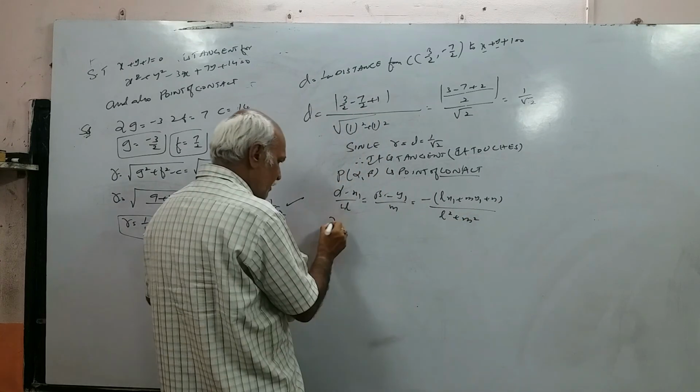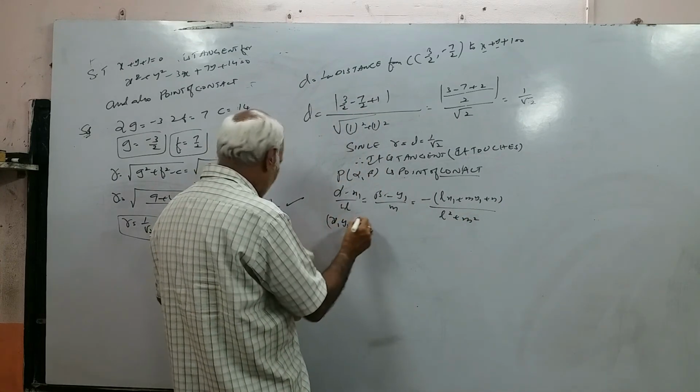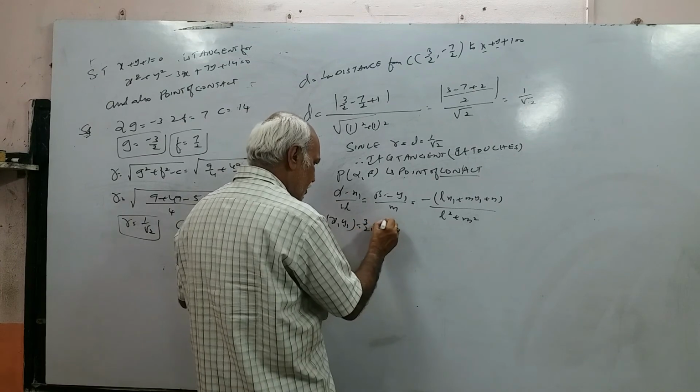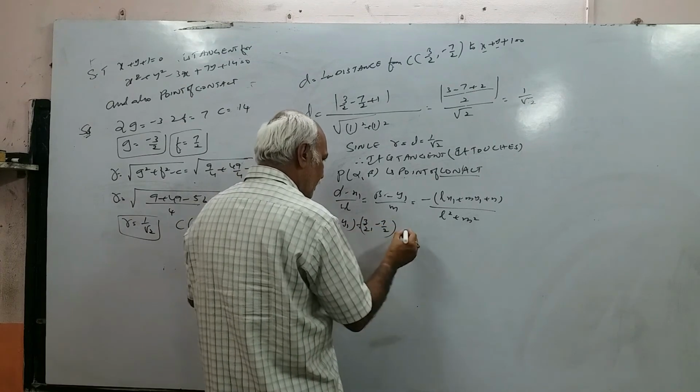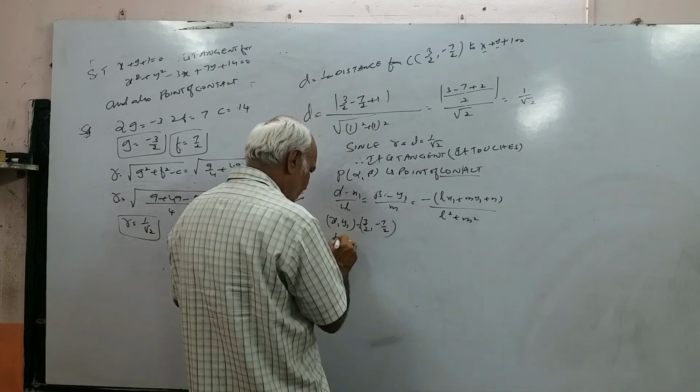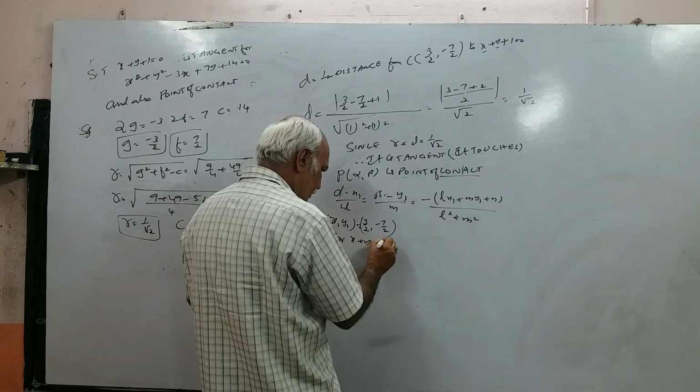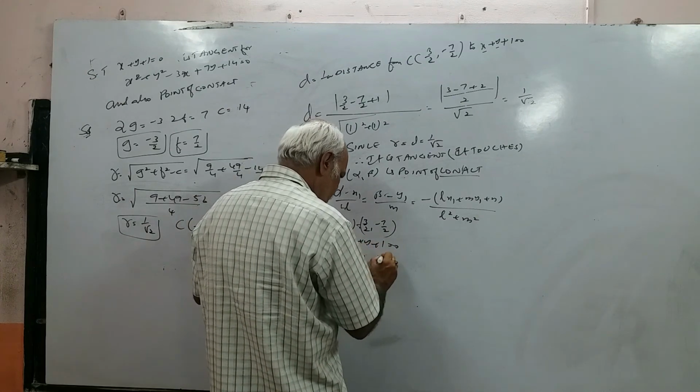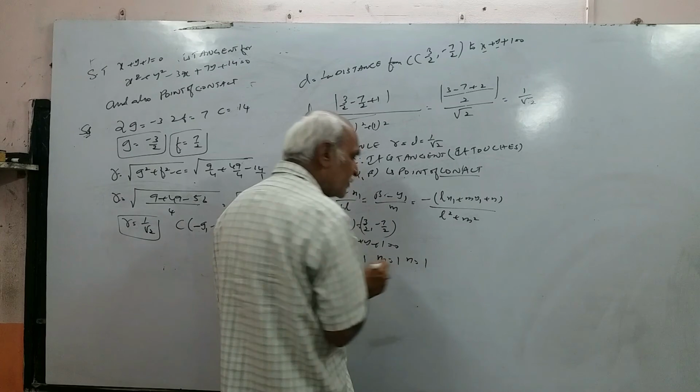Now here x1, y1 is the center. What is the center? 3 by 2 comma minus 7 by 2. And what is the L value? For x plus y plus 1 is equal to 0, L is equal to 1, M is equal to 1, N is equal to 1.